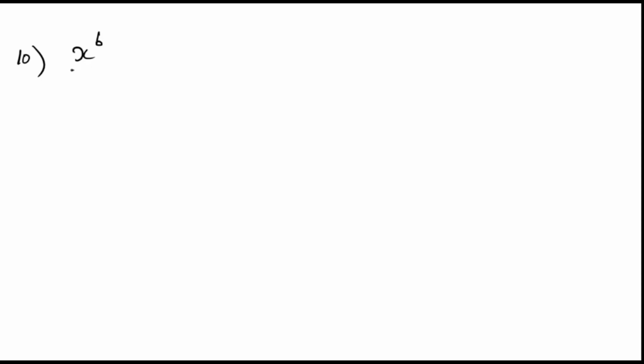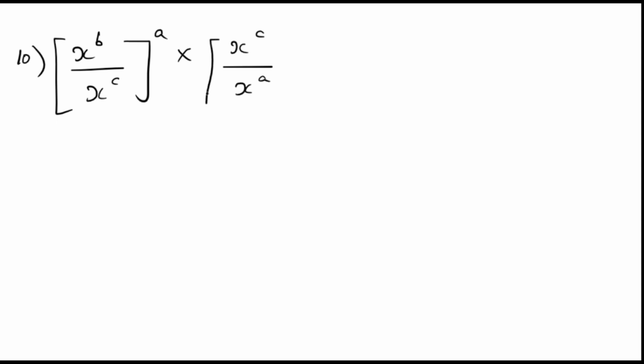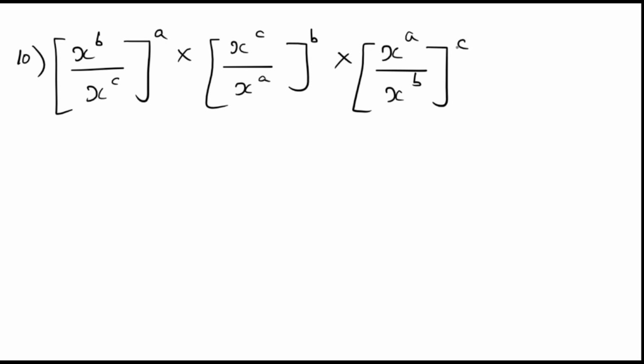X to the power b divided by x to the power c, the whole to the power a, into x to the power c divided by x to the power a, the whole to the power b, into x to the power a divided by x to the power b, the whole to the power c. Here the denominators I'm bringing to the numerator.